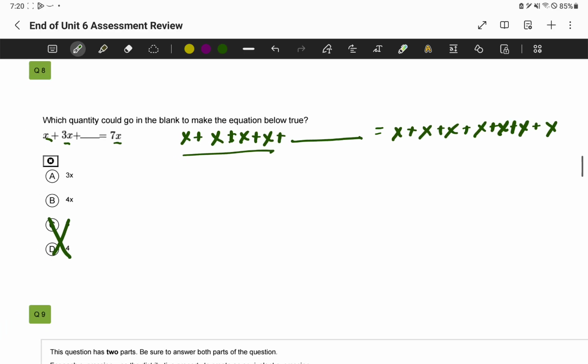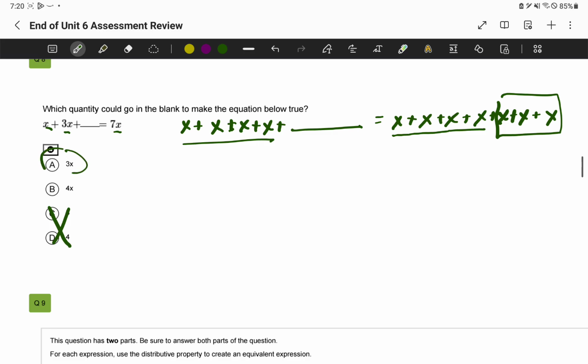So how many more do I need to get to 7? And so that's 3. So it's just what plus what plus what equals 7. So 1 plus 3 plus 3 is 7. And so because they all have an x at the end, our answer better have an x at the end, because we're counting how many x's.